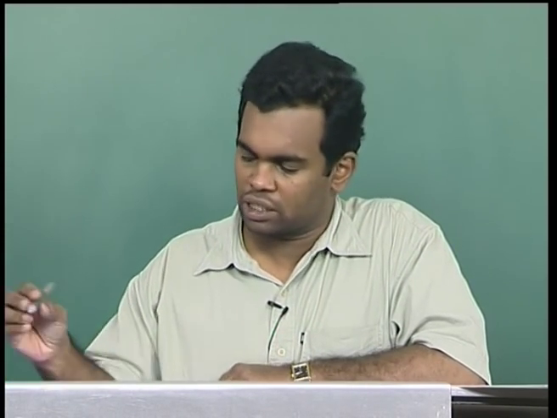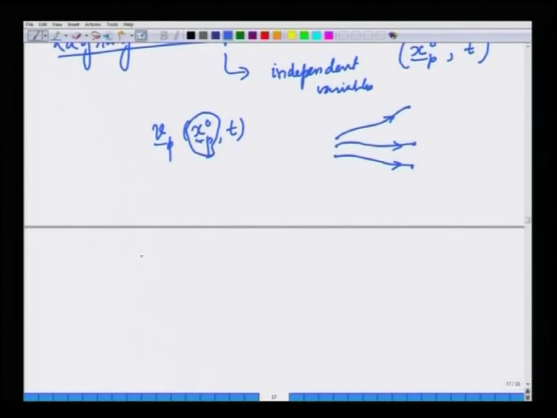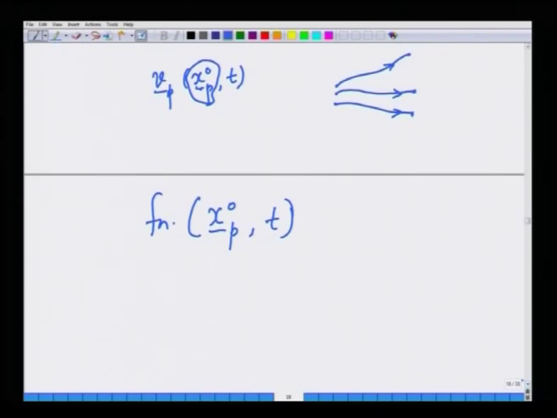temperature, and so on. So, the independent variables in a Lagrangian description are, for any property, the initial position of the particle, which essentially serves as a label of the particle, and time. Not just flow variables, you can even think of the temperature in a moving fluid.